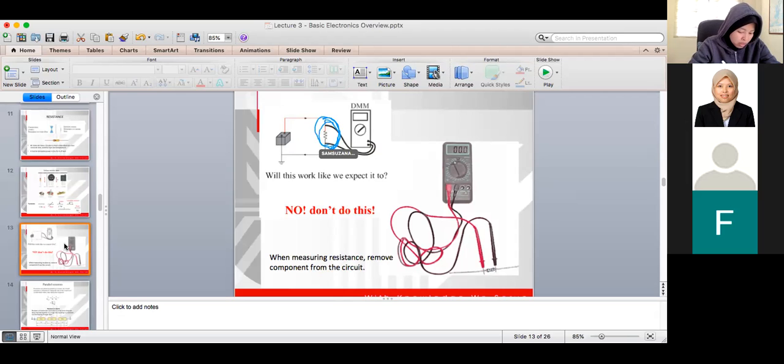So if you want to measure the resistance of a single component, you have to take it out from the circuit and measure it directly like this. Put it outside and then put the positive and negative on the resistor. You will get the correct answer for that particular resistor.